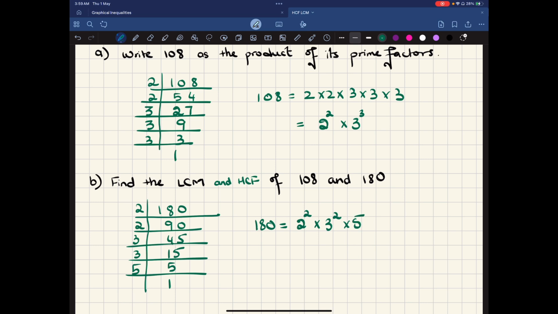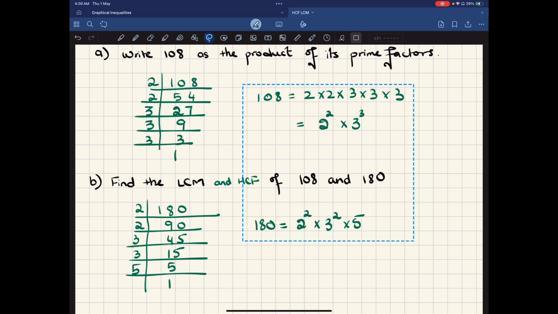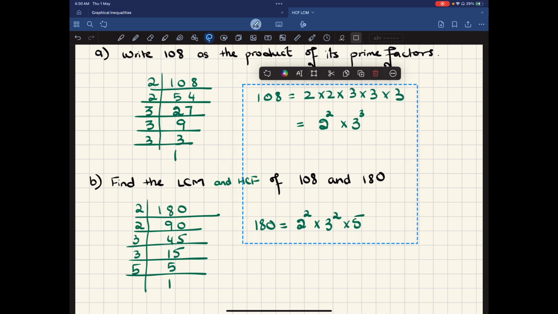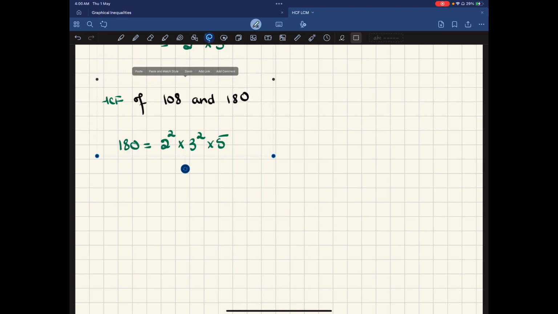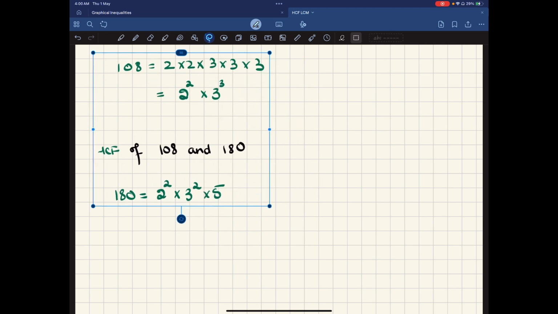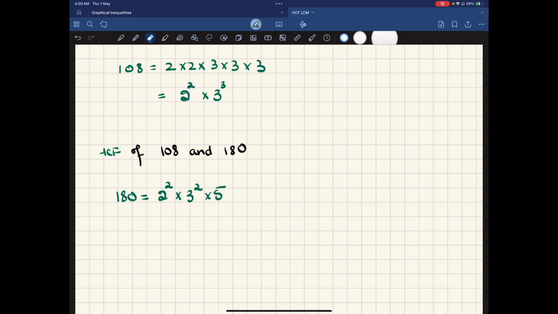Okay, let's copy this on the next page. So up till now, what we've done is that we've just expressed the two numbers as a product of their prime factors. Okay, paste. Okay, so 108 is this, and 180 is 2 into 2 into 3 into 3 into 5.